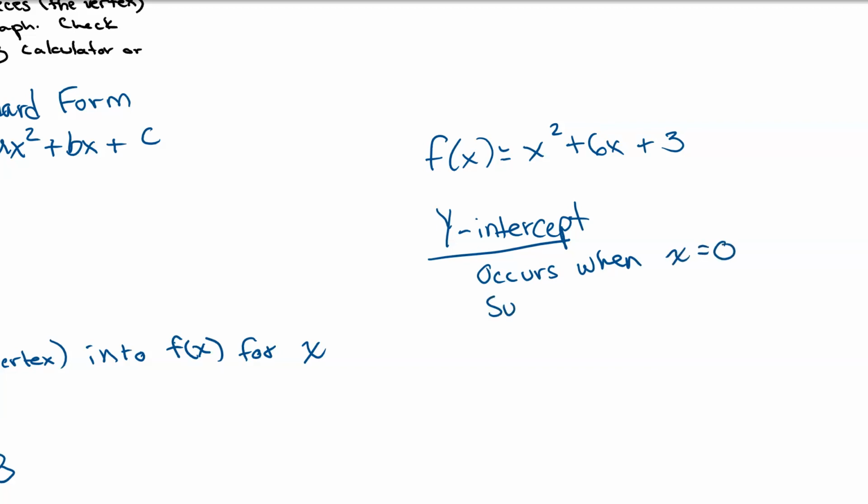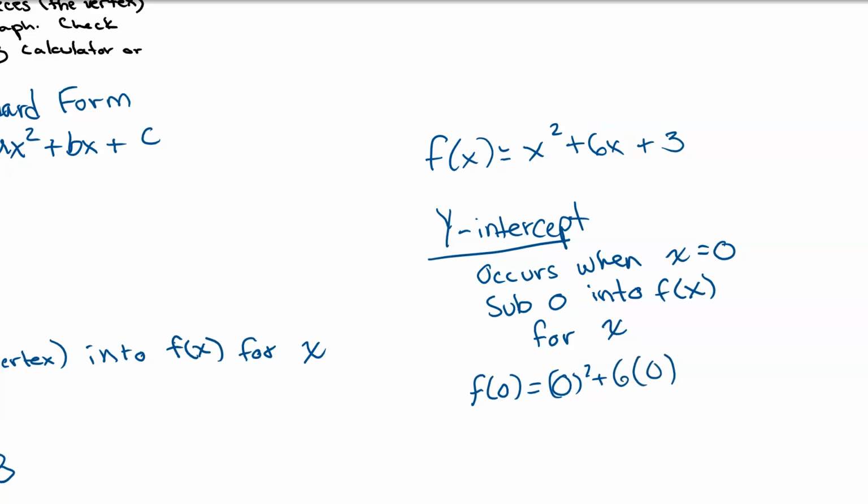So we're going to substitute 0 into f of x for x. So f of 0, replacing all of the x's with zeros. We're going to get a y-coordinate or an output of 3. So my y-intercept is 0, 3.